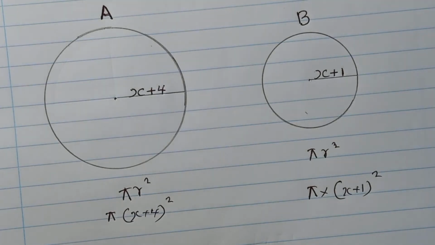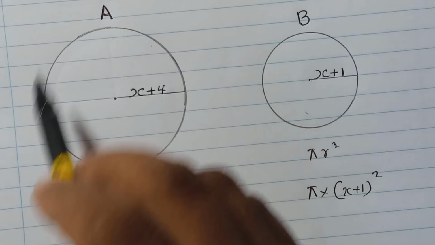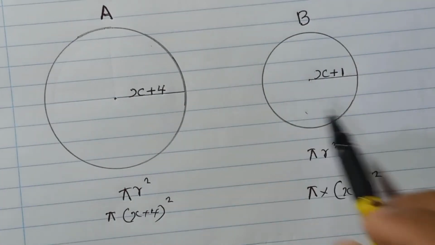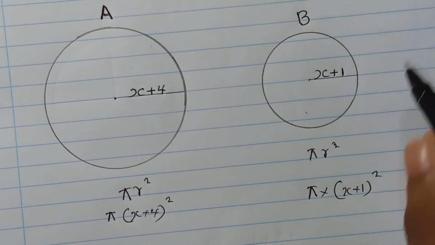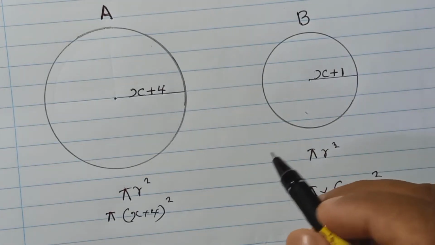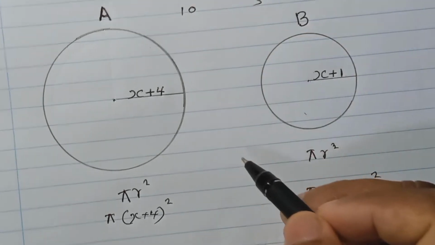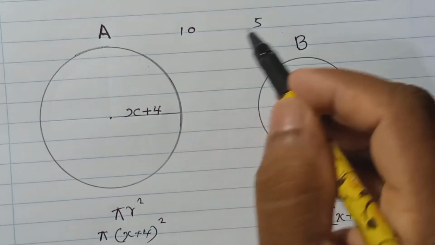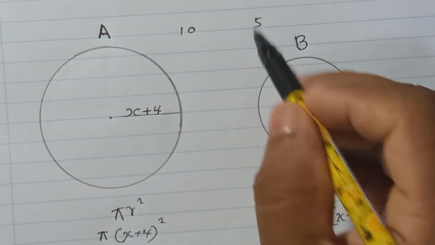Now you need to think a little bit when you make the equation. What they tell, area of circle A equal to twice the area of circle B. Now think like this. Say you got 10 and 5 for example, right? Now you know 10 is equal to twice of 5.